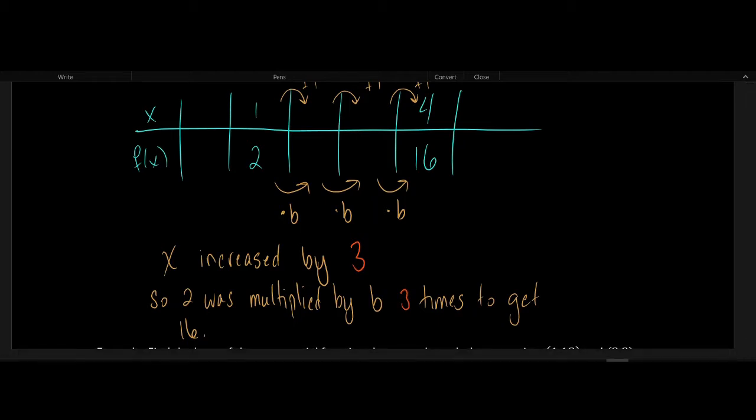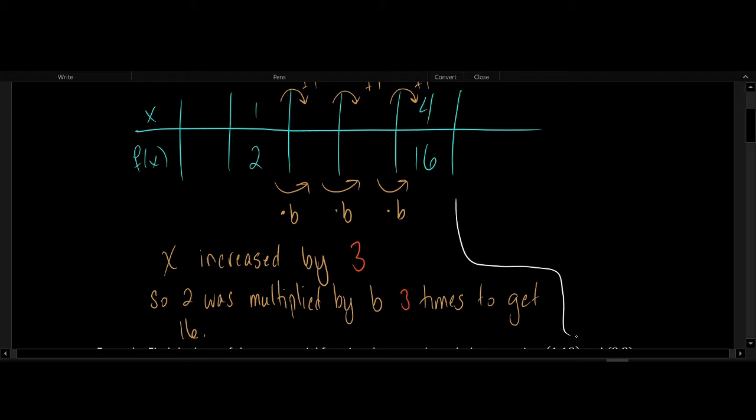So let's parse that into an equation. And let's translate this statement, 2 was multiplied by b 3 times to get 16. And here's what I'll write. I'll write 2 multiplied by b 3 times was how to get 16.